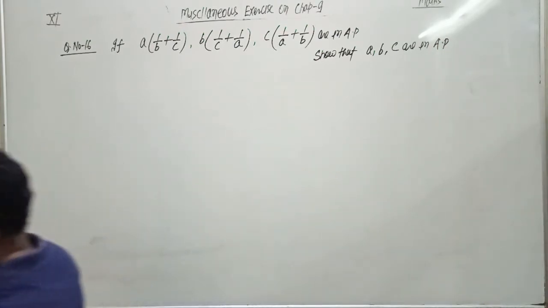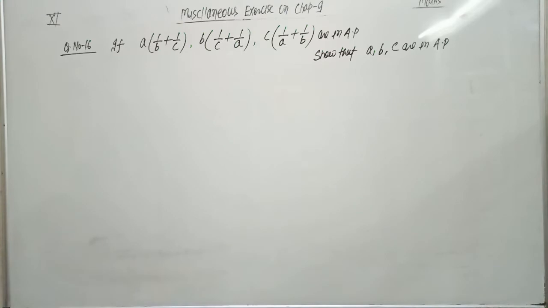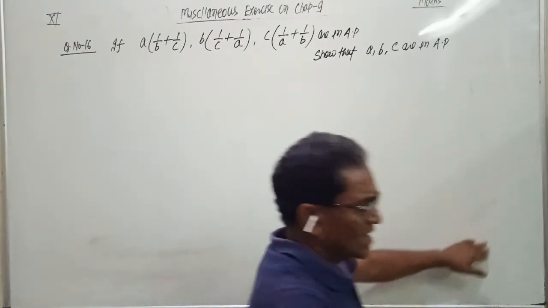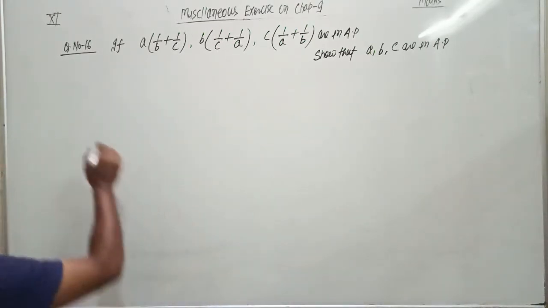So we have been given a into (1 by b plus 1 by c), b into (1 by c plus 1 by a), and c multiplied by (1 by a plus 1 by b) are in AP. Then we have to prove that a, b, c are also in AP.